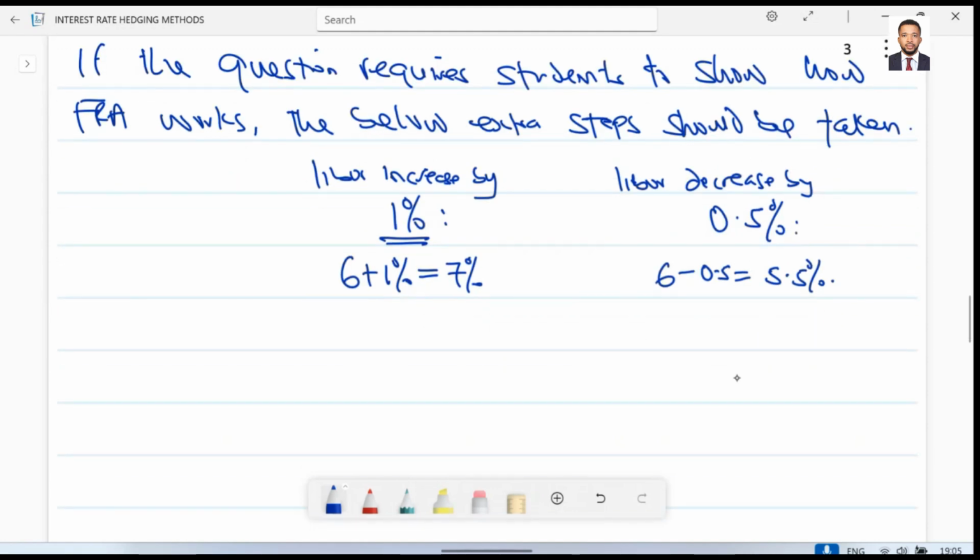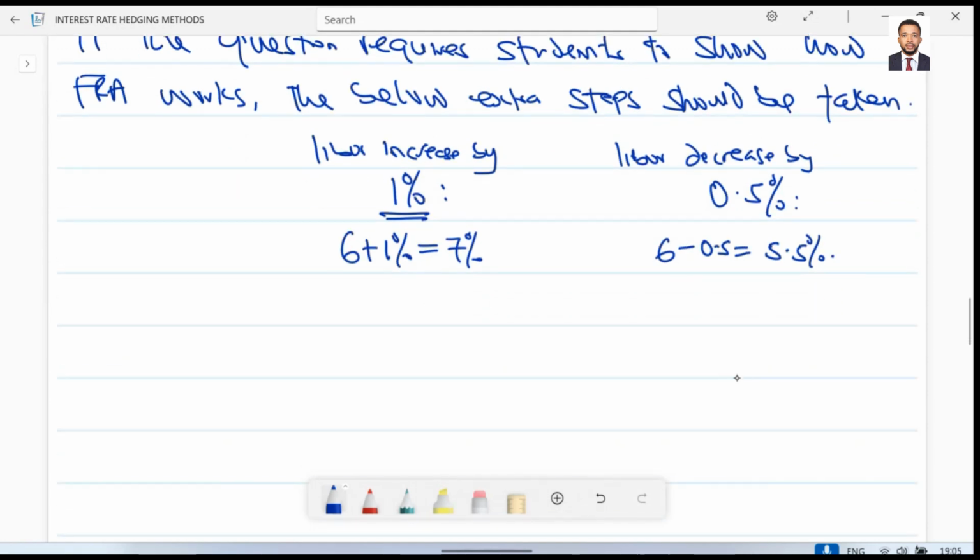I'm picking my max, right? So the next thing is now to calculate my actual payment. Current labor. Have you seen it? Current labor is currently 6%.